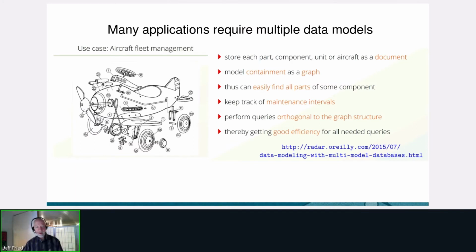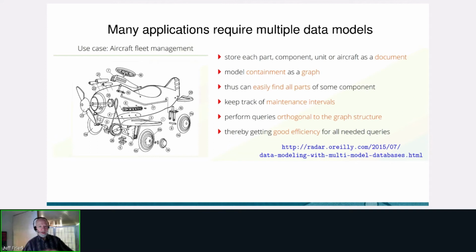Because as you're developing applications, you often find that you need multiple data models. This is a great book I would recommend if you want to know more about this, data modeling with multi-model databases from O'Reilly. They use an example from Airbus where the fleet management application needed a document data model to store each thing, because the dimensions of each thing are different.